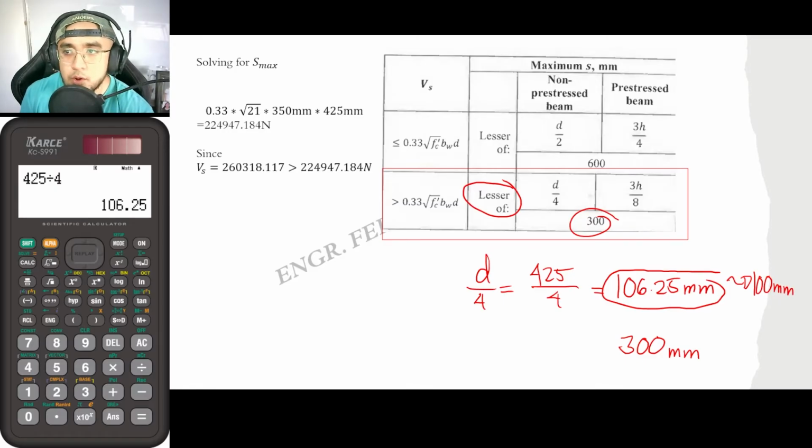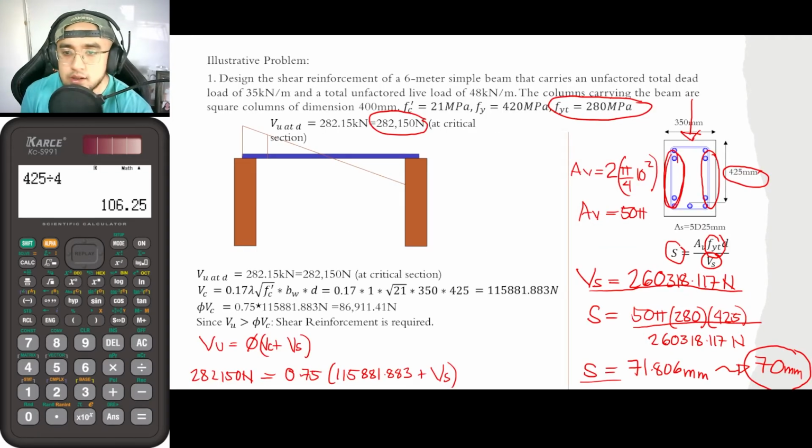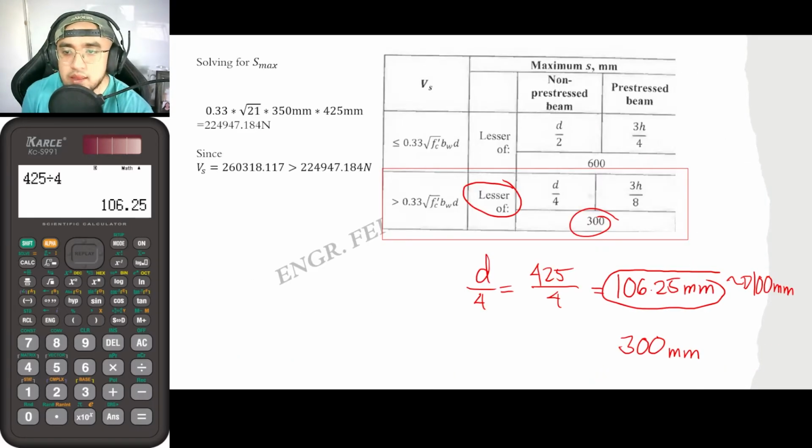Okay, so in our answer previously, our answer was 70 mm. Since the maximum spacing that we used is 100 mm, our conclusion is that since 70 mm is less than 100 mm, 70 mm would govern.